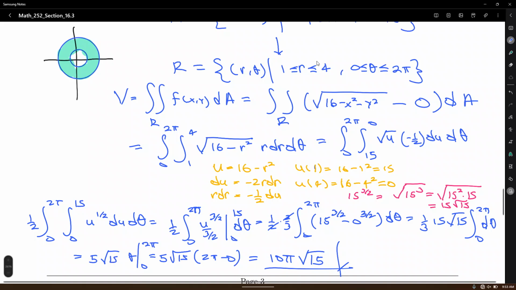You went from radical 16 minus x squared minus y squared. Why is that 16 minus r squared? You factor out the negative. Yes, I factor out the negative. In that radical, why is that not a plus? Because it's minus x squared plus y squared, factor out, and this is r squared with the negative in the front.